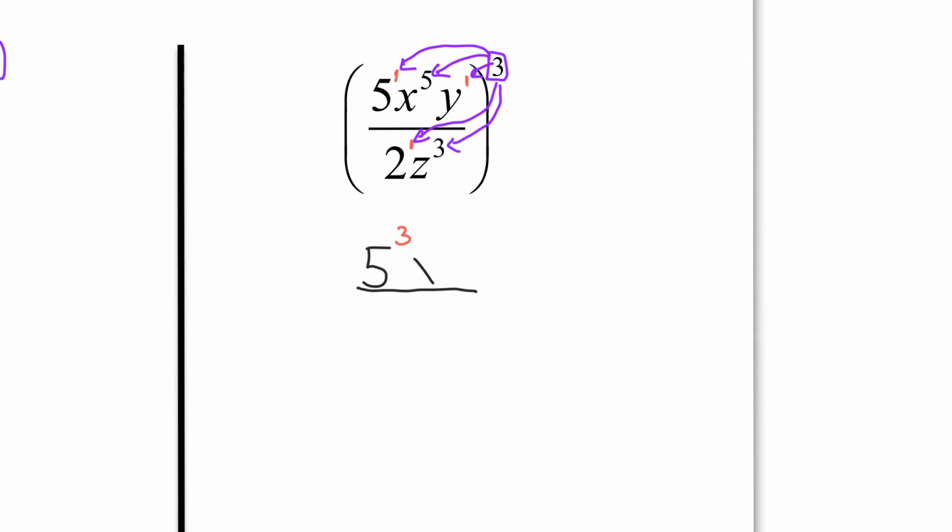I go to the next one, there's the x, and you multiply 5 times 3. That's going to be 15. And I go to the next base, there's the y, and 1 times 3 is 3. On the bottom, you guys have a 2, and you multiply 1 times 3. That's going to be my exponent of 3. And the next one is z, and 3 times 3 is 9.